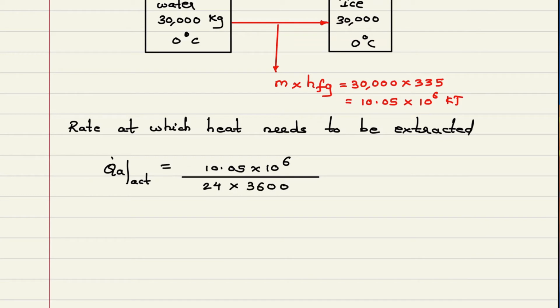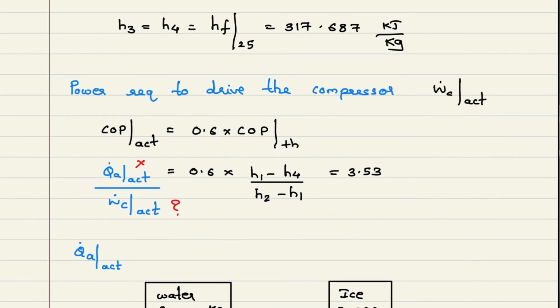From here we can calculate Q dot A actual, which is equal to 116.32 kilojoule per second. Okay, now substitute this value in this equation so we can calculate W dot actual.